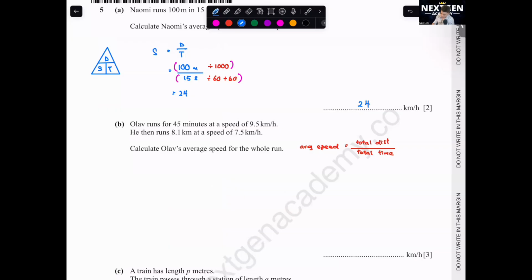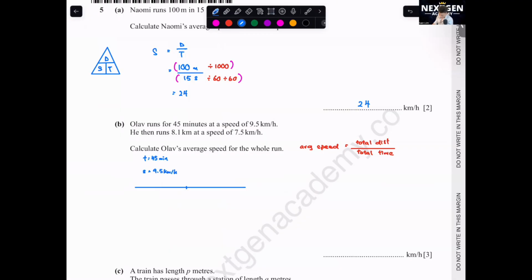Okay, what I like to do is draw the journey. There are 2 parts to the journey here, both giving you different information. The first one, they give you time is 45 minutes. Speed is 9.5 kilometers per hour.